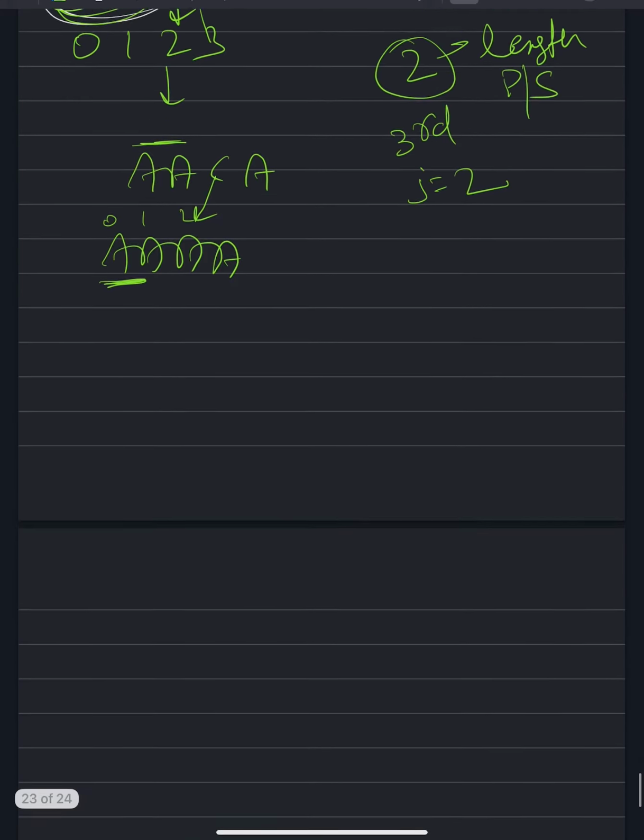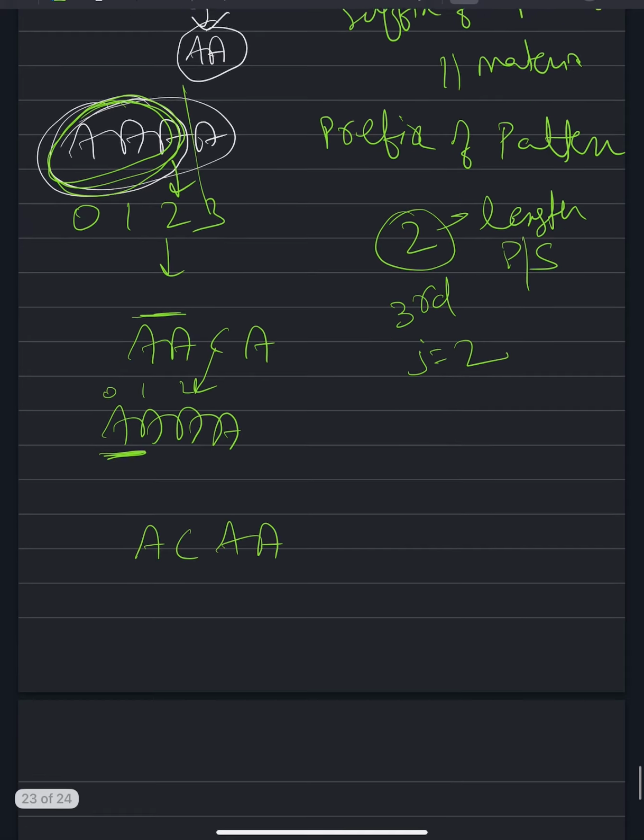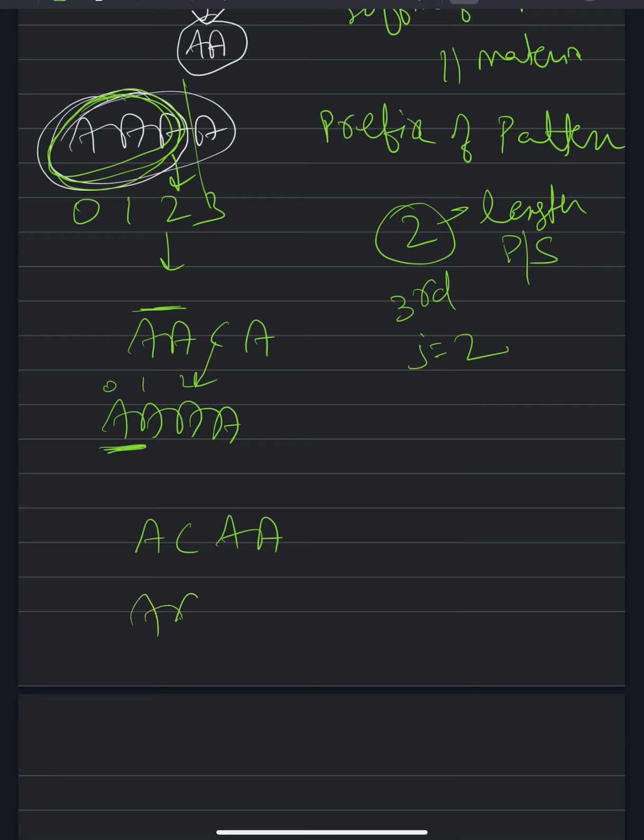So we will follow the same pattern. This will go ahead once more. It was AACA, now it will be ACAA, and the pattern will remain the same. But in this case, till this point, it is not matching. So now we will check for this.